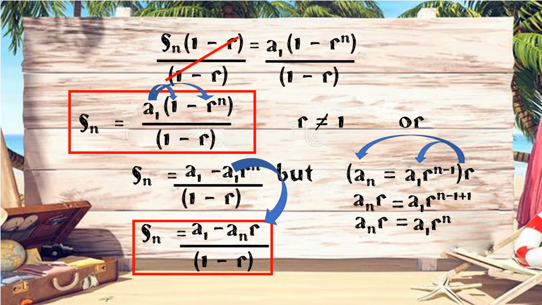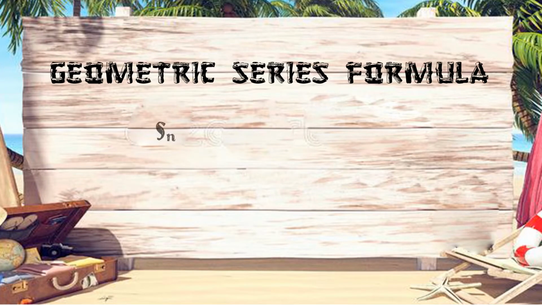So, eto na ngayon ang ating pangalawang formula. Bakit nga ba dalawa yung ating formula? Okay, i-rewrite ko lang. Geometric series formula is S sub n equals a sub 1 times 1 minus r raised to n all over 1 minus r.